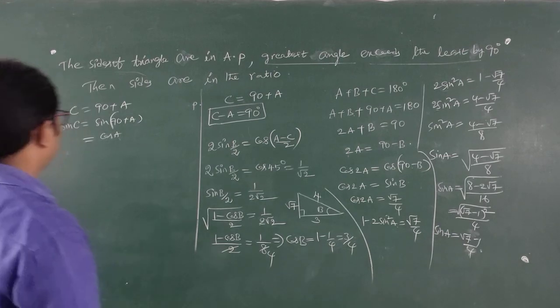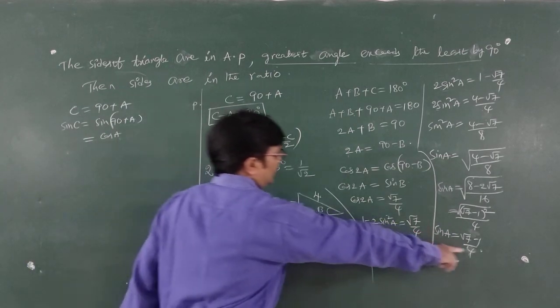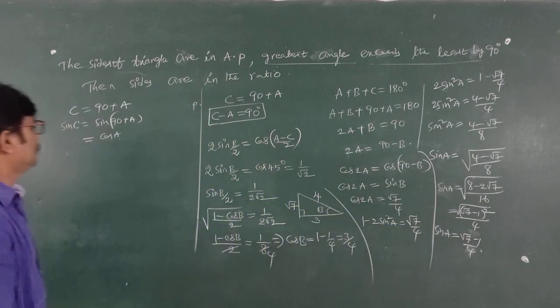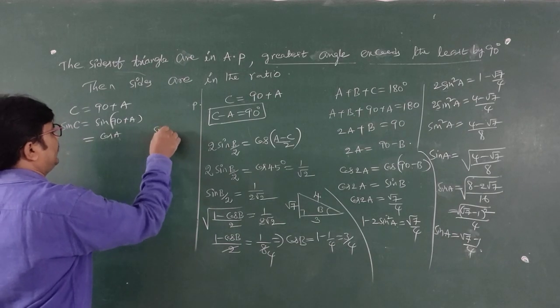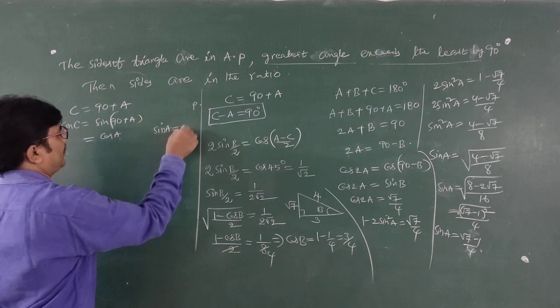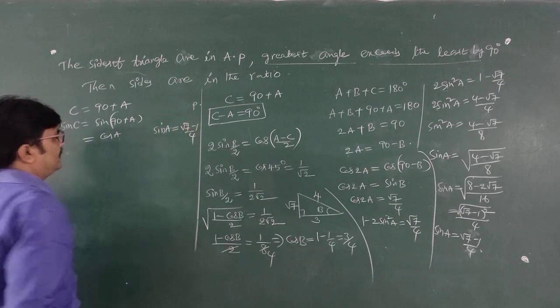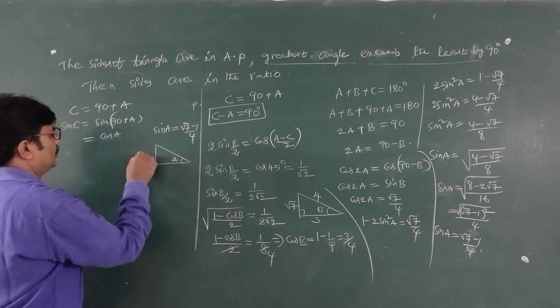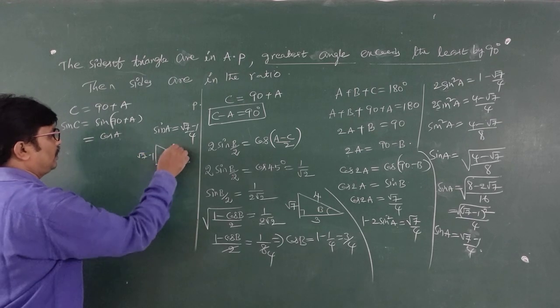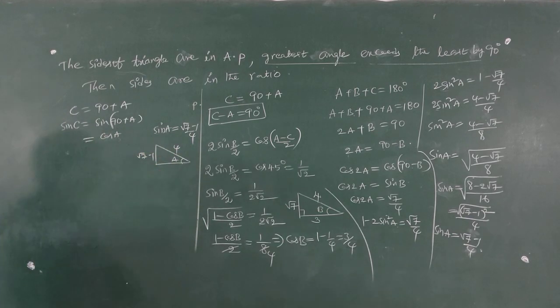We got sin A as (root 7 minus 1) by 4, as we just found. Now the hypotenuse is 4.